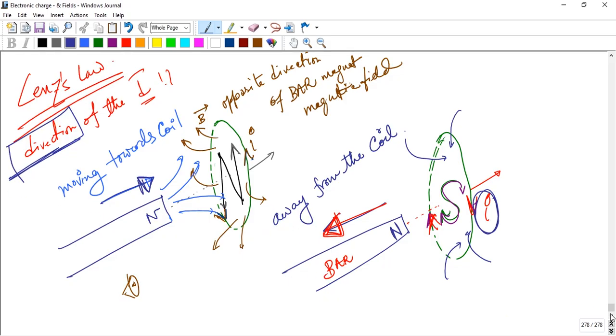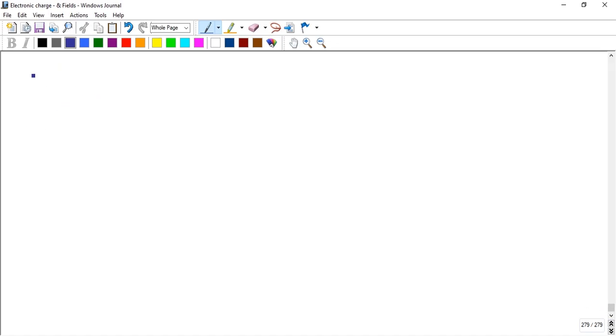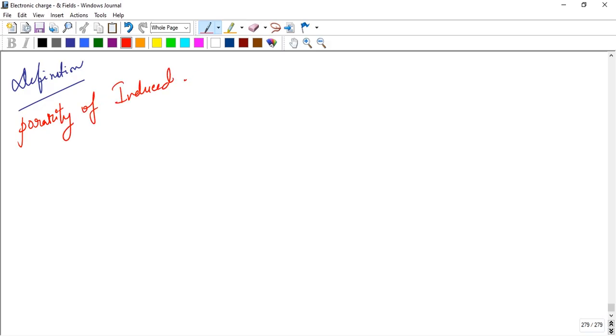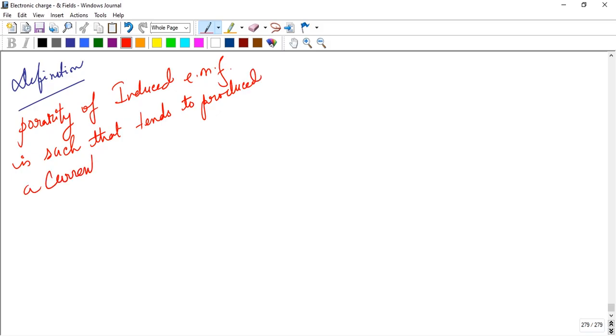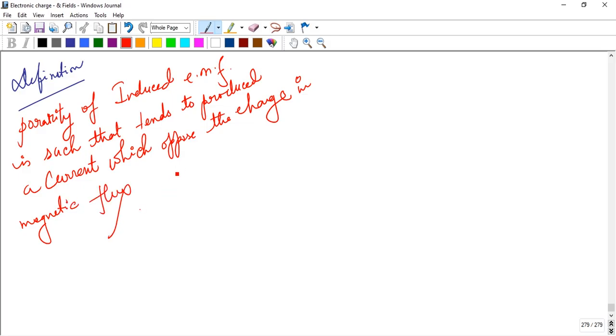So if you want to write the definition, the polarity of the induced EMF is such that it tends to produce a current which opposes the change in magnetic flux.